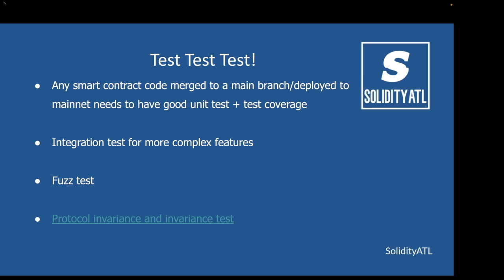The next level up from that are what's called integration tests, and those are used for testing smart contract interactions. So if you had a contract that was calling another contract, that would be considered an integration test. There's also another class of tests called fuzz tests, which we won't get much into, but those are very helpful as well.